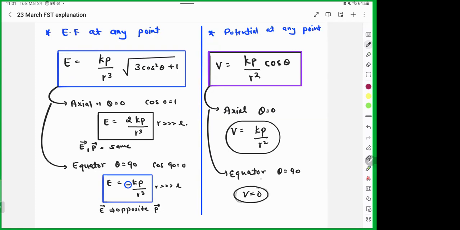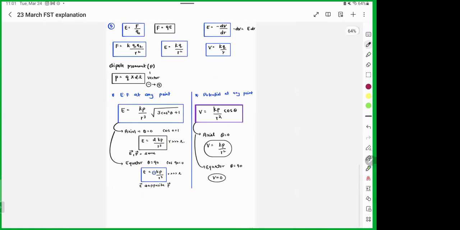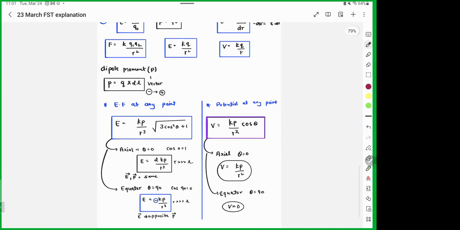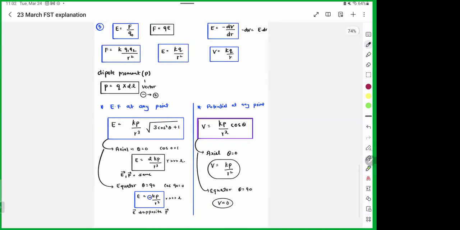Done. Tell me, any doubt? Anybody have question? Let me know. Because if you understood this well, the remaining concept is very, very easy.